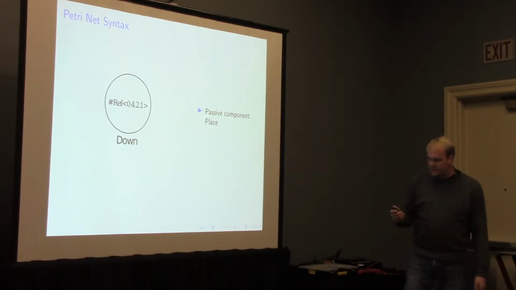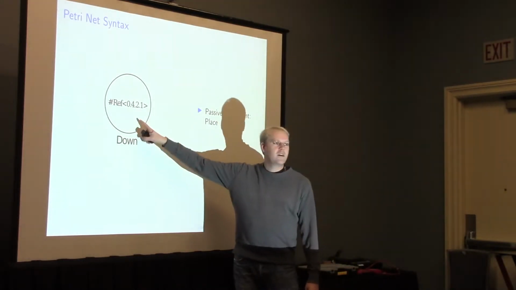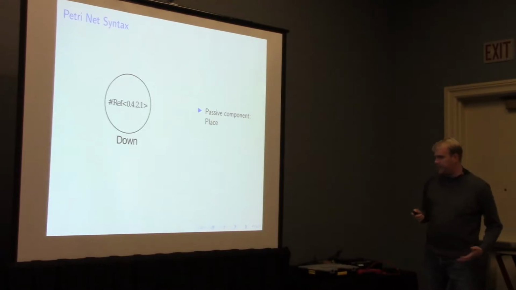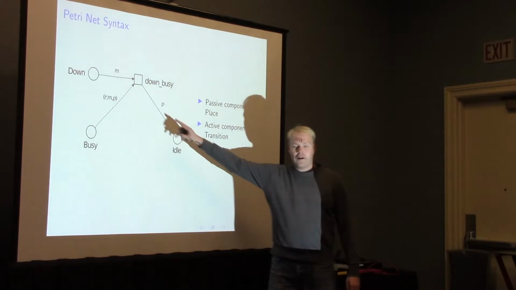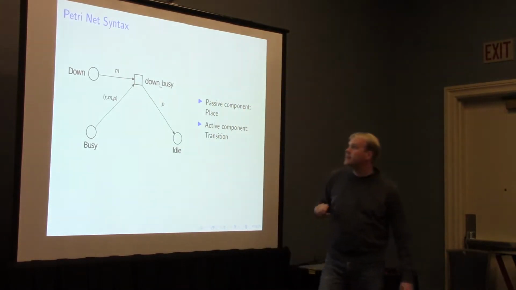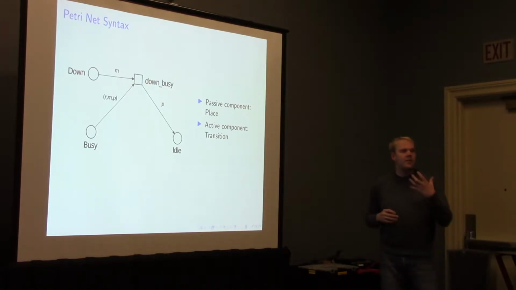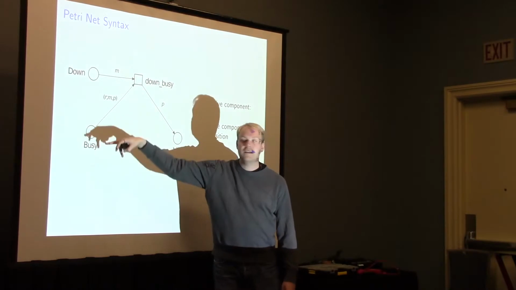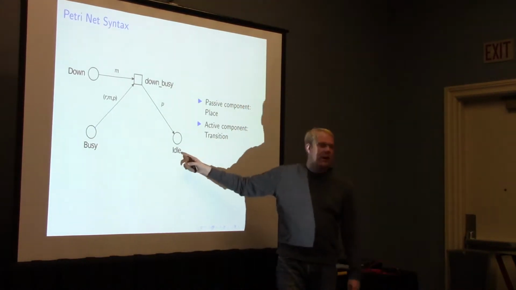Here we have the place with the name down that's holding a monitor reference, so that it can be data on them. And the active things are the boxes, which we call transitions. A transition takes something from its preset places, which are here down and busy, and produces something on its post-set places, which is here idle.